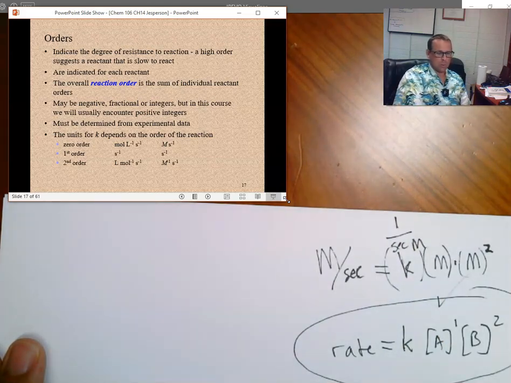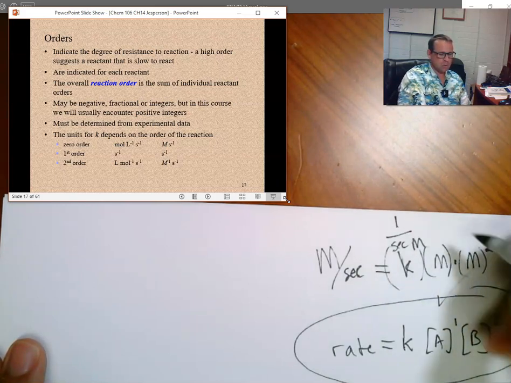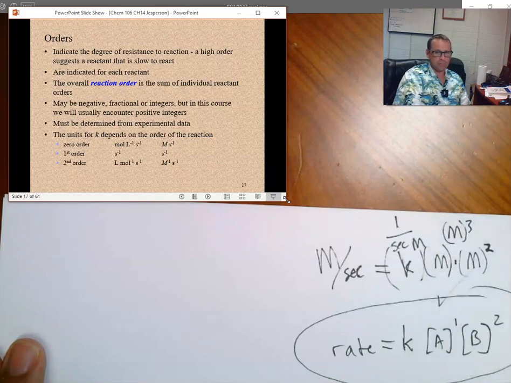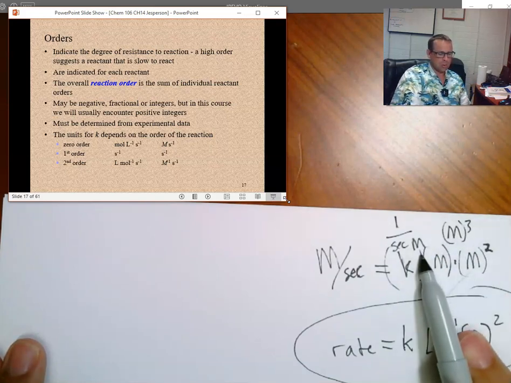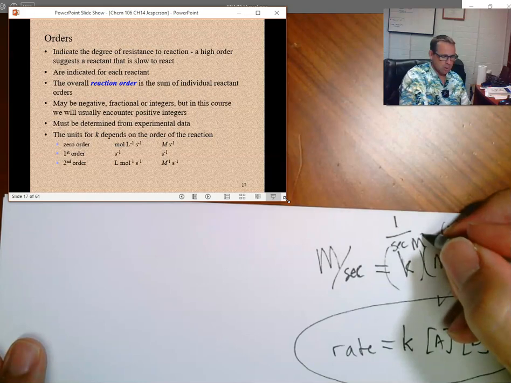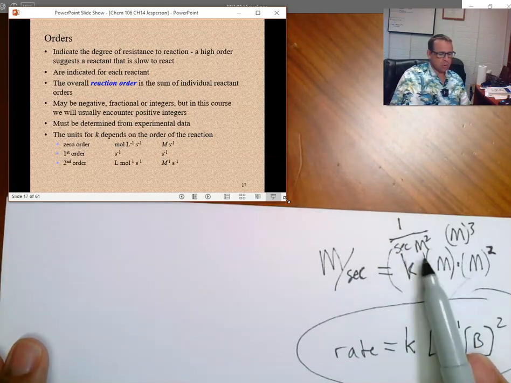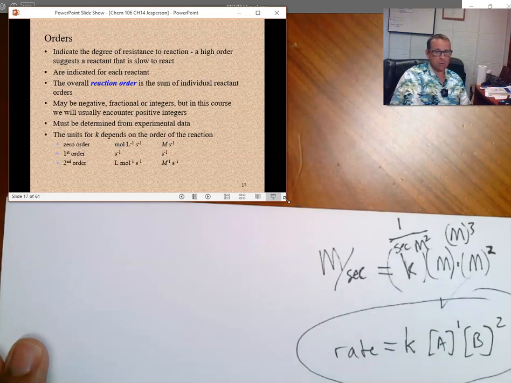Per mole, maybe. Here we have 1 molar and then we have 2, so a total of molar cubed, right? So how many molars do we have to get rid of? I have to get rid of 2. That's right. So for this one, it's 1 over molar squared seconds.